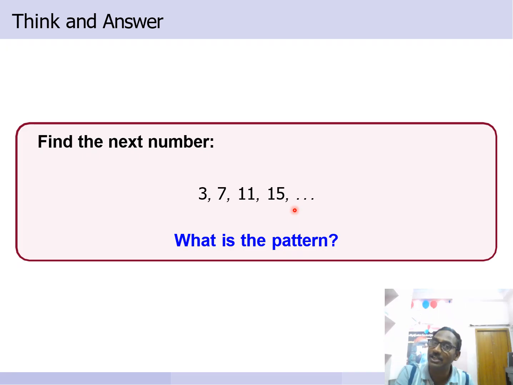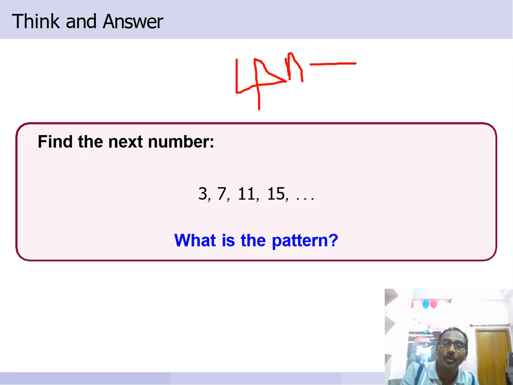Have you understood the pattern here? 4n minus 1. So if you take 4n minus 1, here n is the term number.